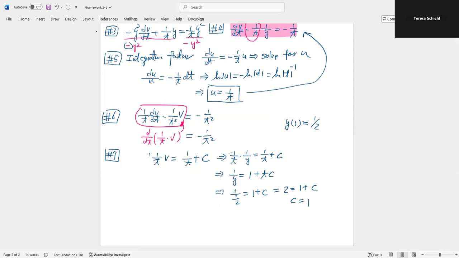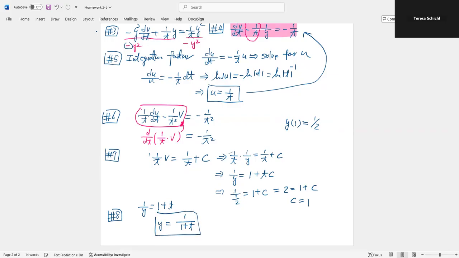Okay, so finally I'll be able to get my final answer. My final answer is 1 over y equal to 1 plus t. So y is going to be 1 over 1 plus t.